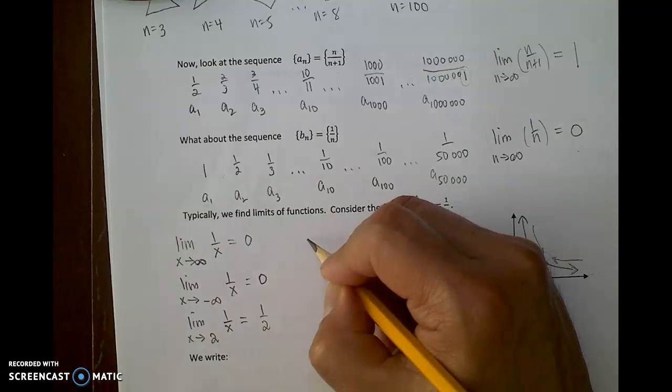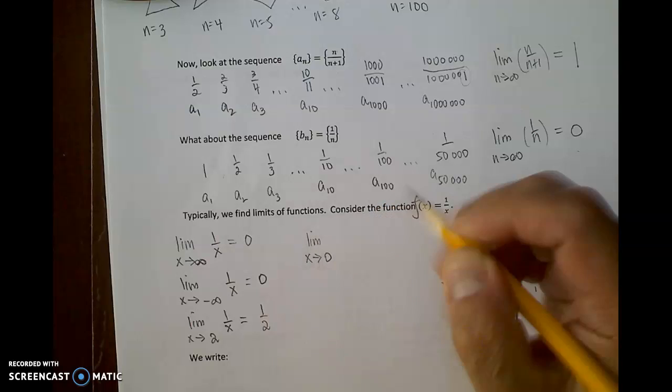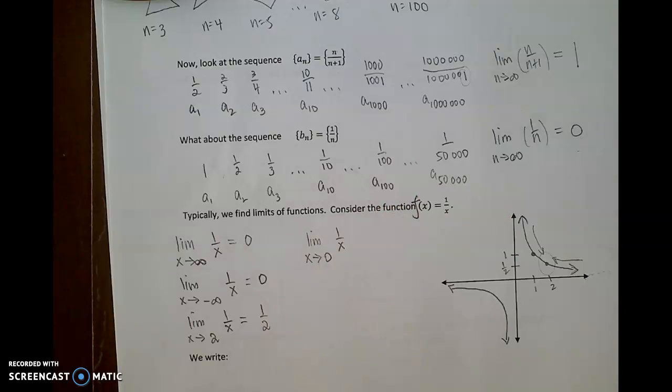However, if we are looking at the limit of this function as x goes to 0, we're looking at our graph. This is the graph of our function. We want to figure out from our graph what the limit of this function is as we get closer and closer to 0.